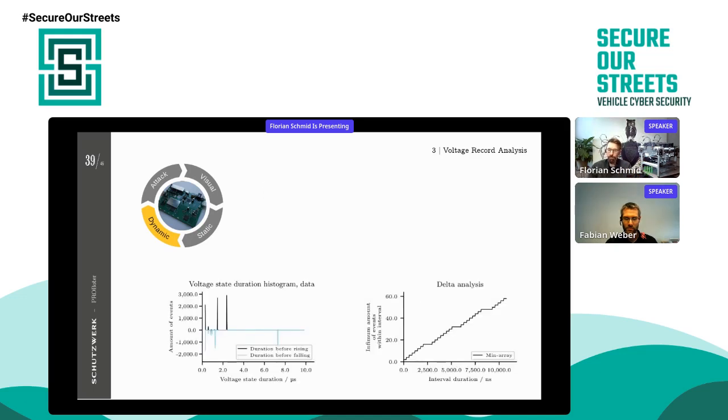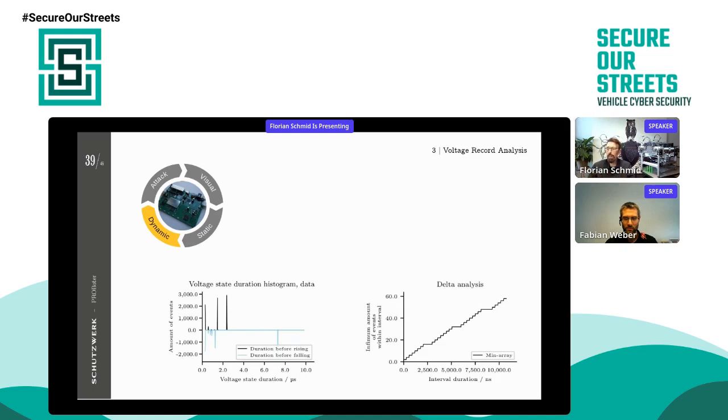So here you have the example histograms. For example, on the left, you have a histogram for the durations of voltage states, and the more often a certain duration happens, the higher the peak, whereas on the x-axis, the horizontal axis, you see the actual duration of each of the reoccurring states.